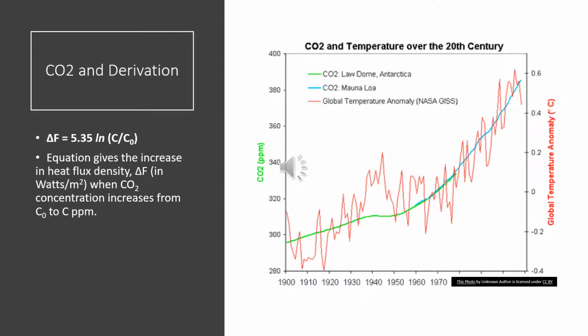This equation gives the increase in heat flux density, change of F, in watts per meter squared when CO2 concentration increases from C0 to C ppm. Calculation of CO2 flux density is in comparison with the other non-condensing greenhouse gases that maintain a temperature structure for the atmosphere. CO2 is not the only type of gaseous particle that changes the atmosphere.